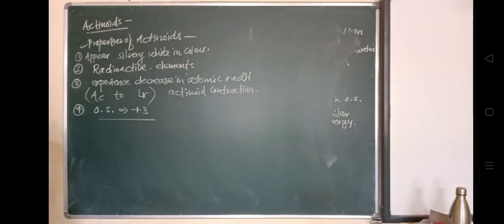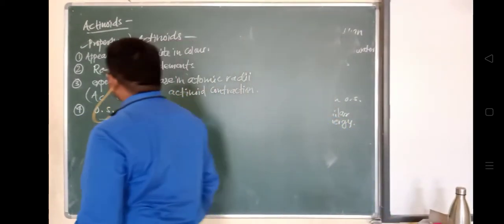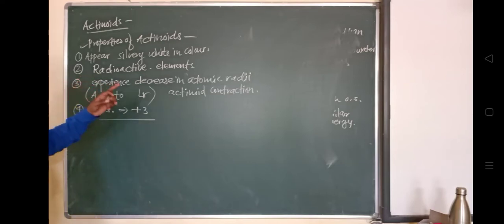They appear the same as the lanthanoids, because lanthanoids also appear silvery white in color. One special thing about the actinoids is that all these elements are radioactive elements.